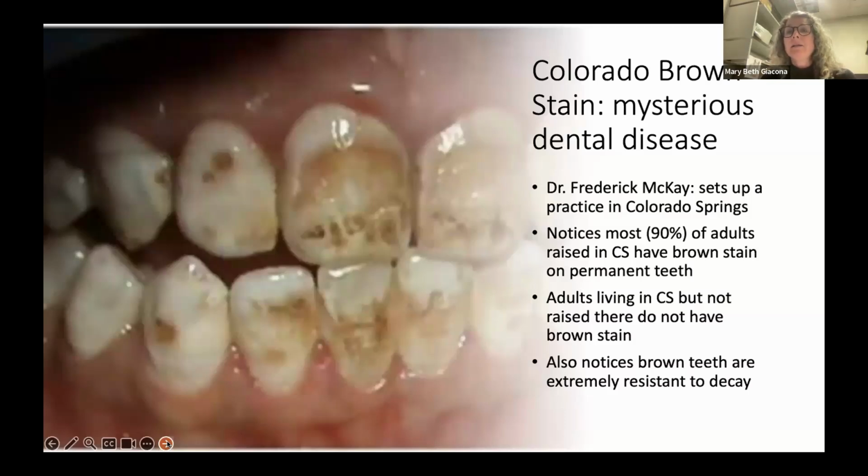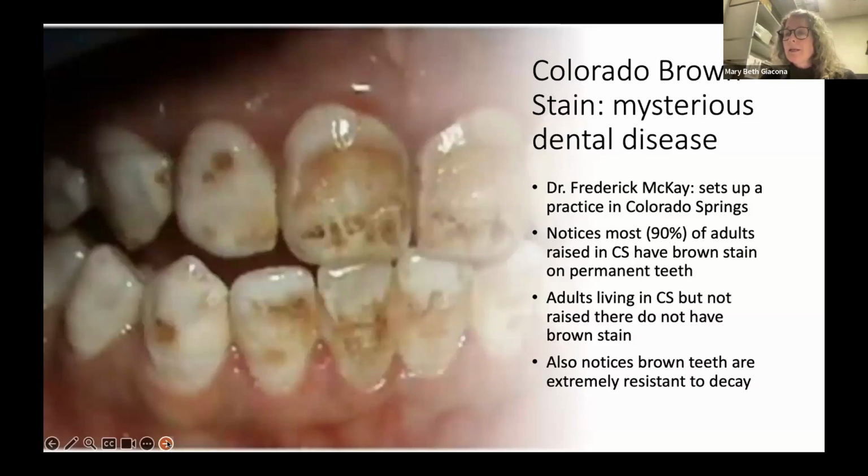And in Colorado Springs, there was this epidemic of a mysterious disease that they called Colorado brown stain. So Dr. McKay noticed that about 90% of the adults he saw that were raised in Colorado Springs had this mysterious brown stain on their permanent teeth.